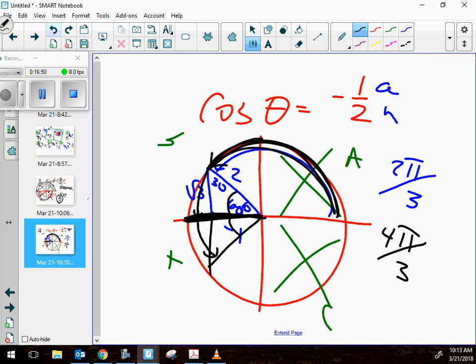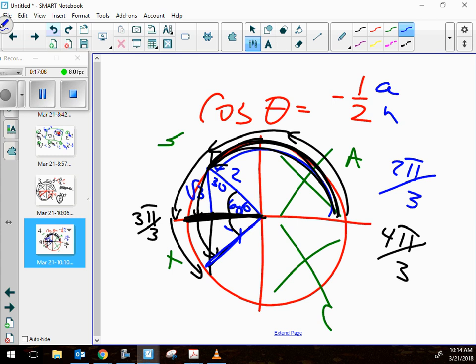Okay, so 1 pi over 3, 2 pi over 3, 3 pi over 3 hits 180. Okay, and then one more to get down to where we are. We're at this spot at the final. Okay? We had 2 triangles, one here and one here. Glad you asked, though. All right, so what if we had to do this with graphing?